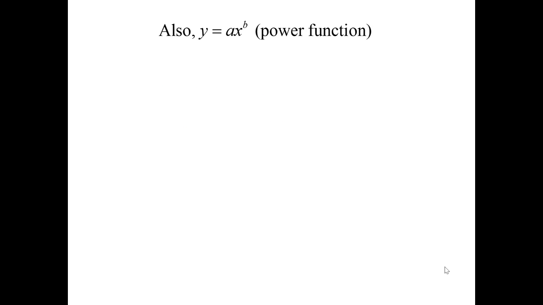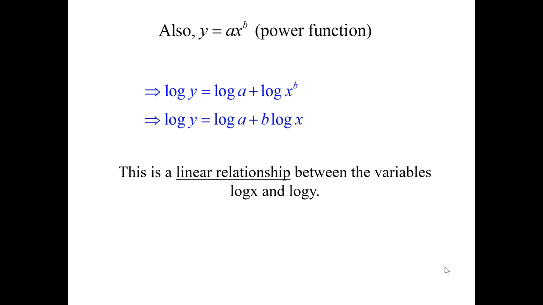Now, let's try it for our power function. If I take the log of both sides of the power function, I have log y equals log of a times x to the b. Again, I take advantage of those same rules of logarithms. Log of a x to the b becomes log a plus log x to the b.